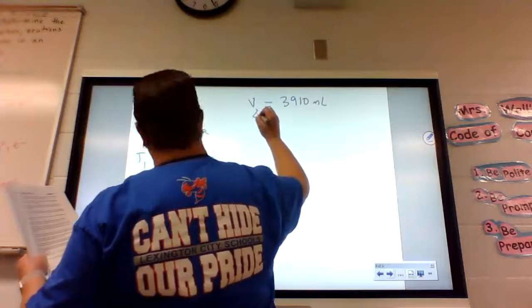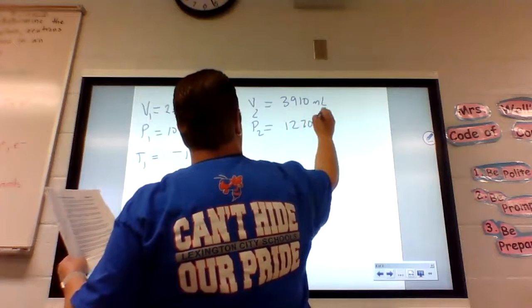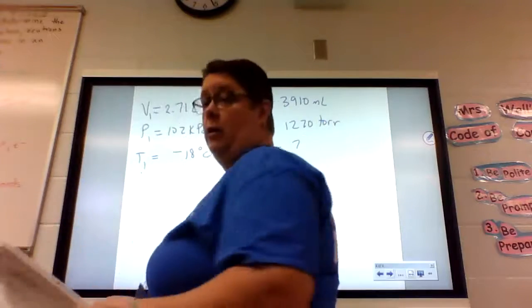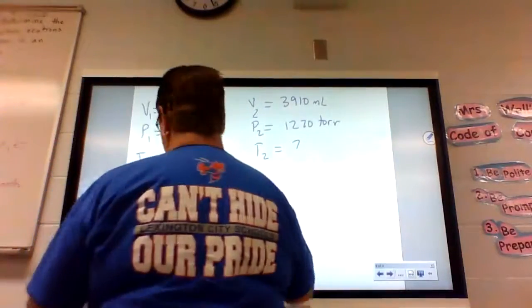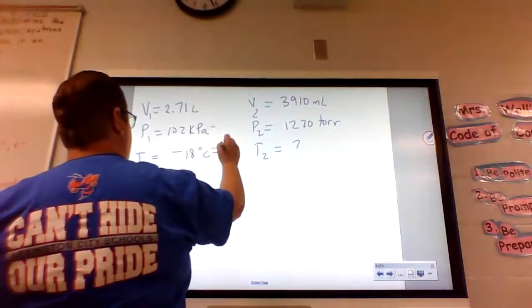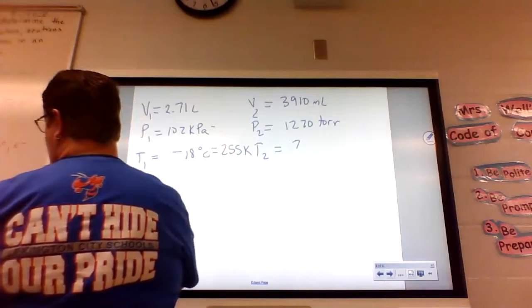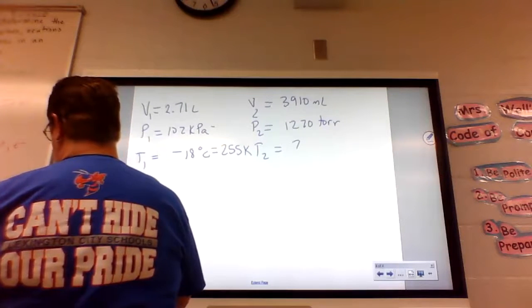And then you have torr, so that's a pressure. And then you're looking for T2. All right. I'm going to cheat just a little bit. All right, so this will be 255 Kelvin.